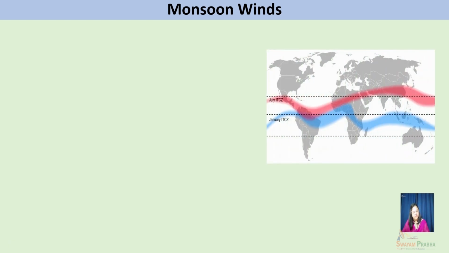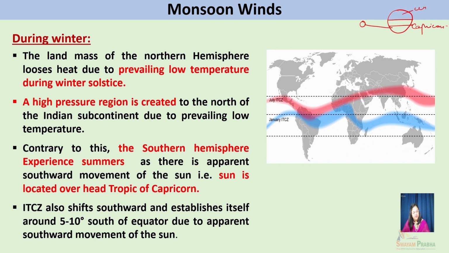So during the winter season, the sun is overhead the Tropic of Capricorn, due to which you have winters in the northern hemisphere and summers in the southern hemisphere.